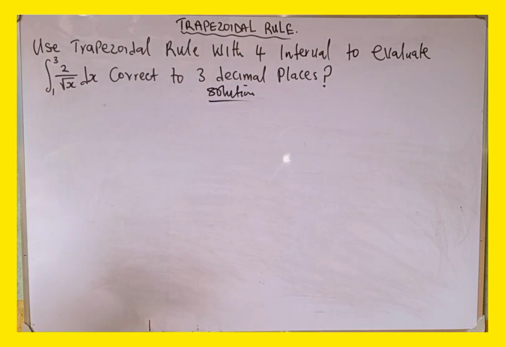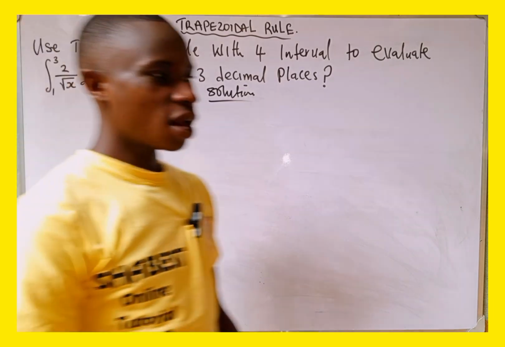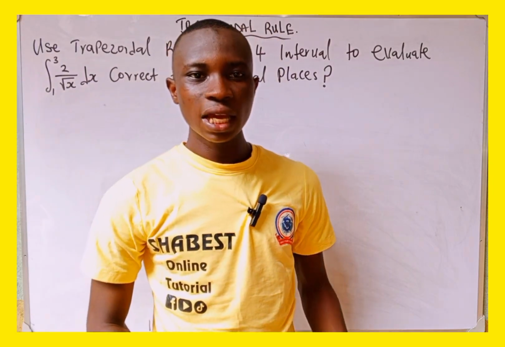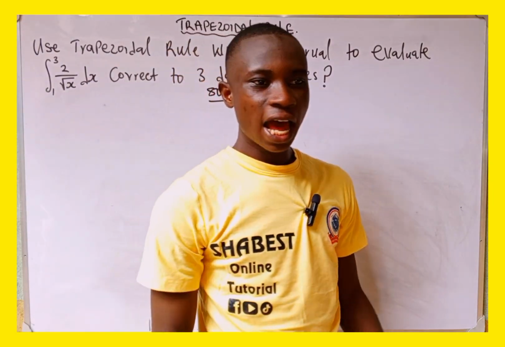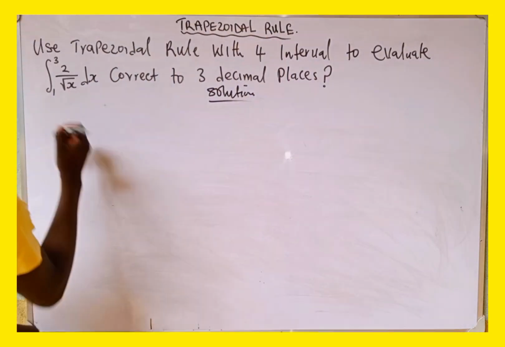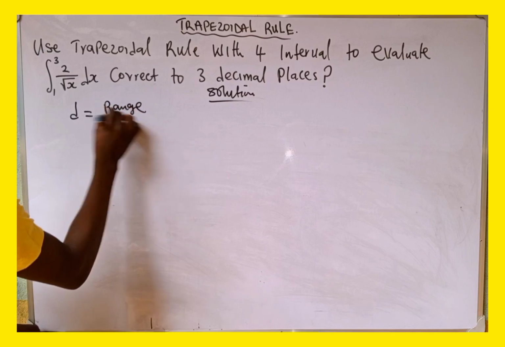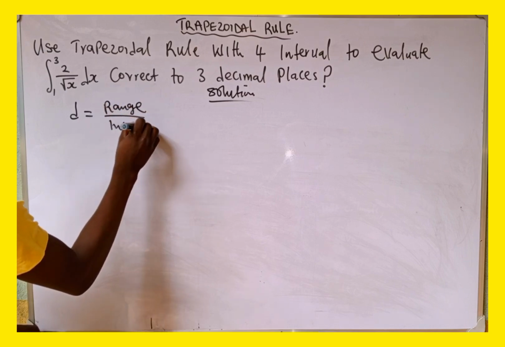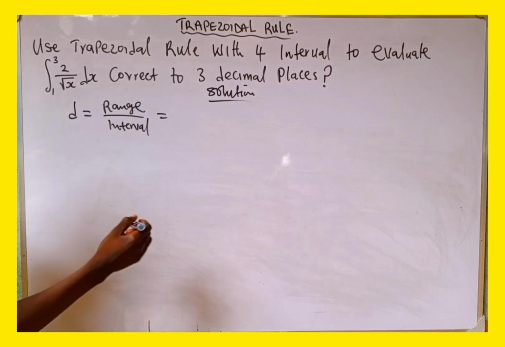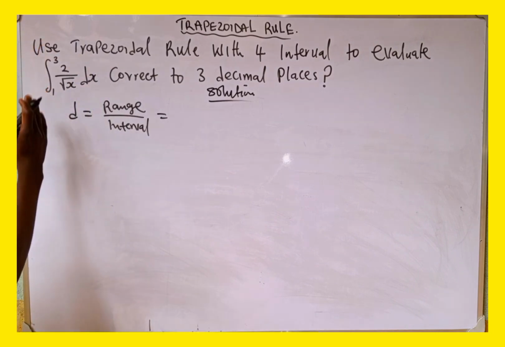If you are using the trapezoidal rule to evaluate the integral, the first thing you are going to do is to get the width of the interval. The width of the interval is denoted as small letter d, which is equal to the range over the interval, where the range is the difference between the upper limit and the lower limit.